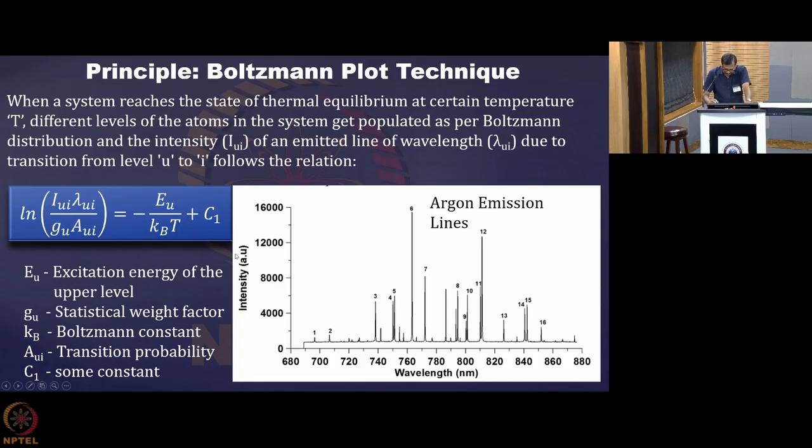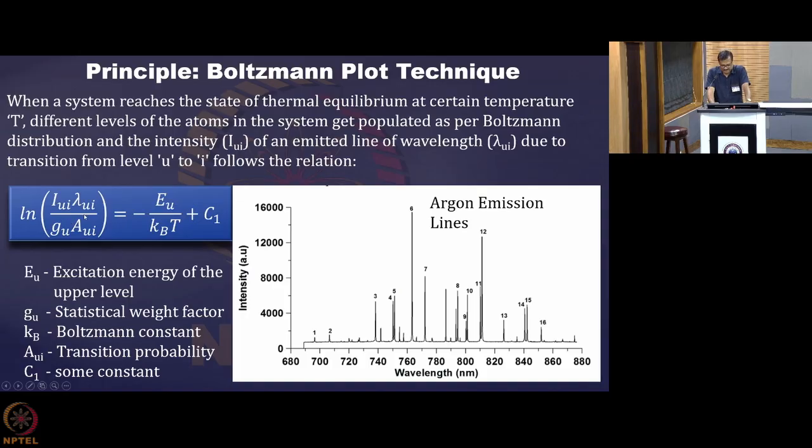So if you are able to determine the slope, then you are able to find the temperature. But in this case, apart from the intensity, you need to know the wavelength, the degeneracy, the transition probability, and also the energy levels from where the transition is taking place.